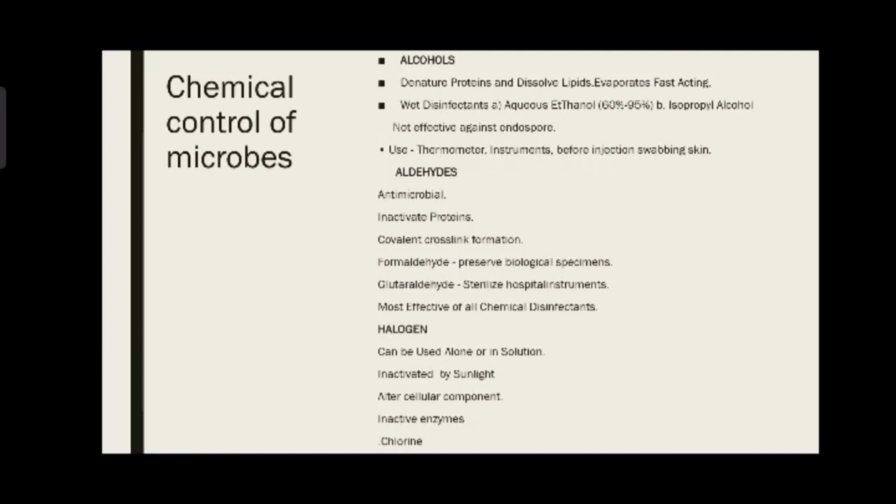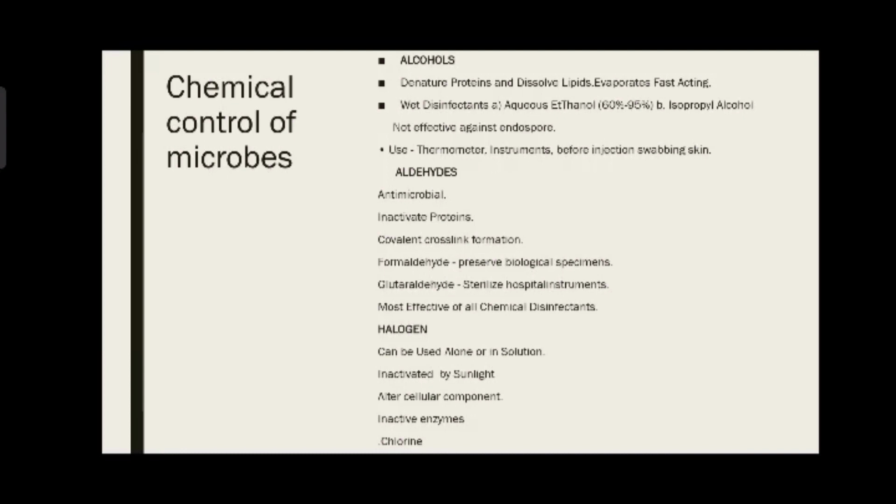They are antimicrobial and inactivate proteins by forming covalent links between functional groups. Some examples are formaldehyde and glutaraldehyde. Formaldehyde preserves biological specimens, whereas glutaraldehyde sterilizes hospital instruments. They are among the most effective of all chemical disinfectants.